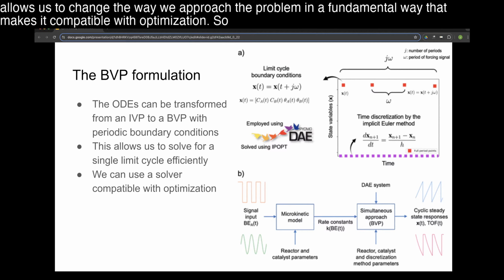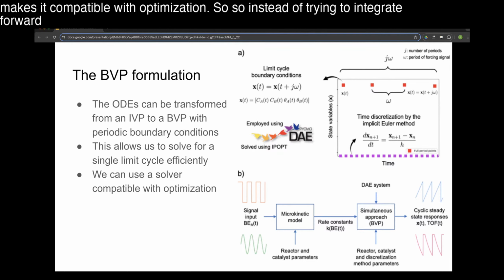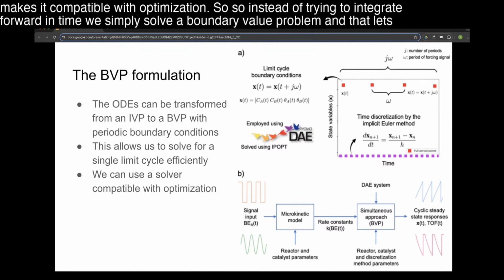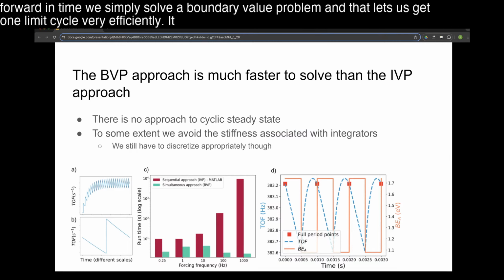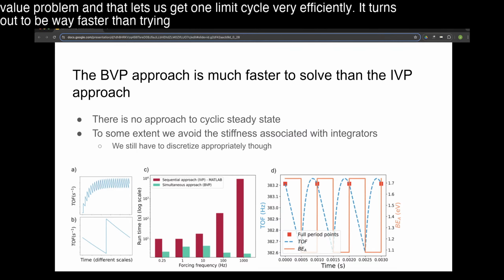So instead of trying to integrate forward in time, we simply solve a boundary value problem, and that lets us get one limit cycle very efficiently. It turns out to be way faster than trying to solve the IVP.